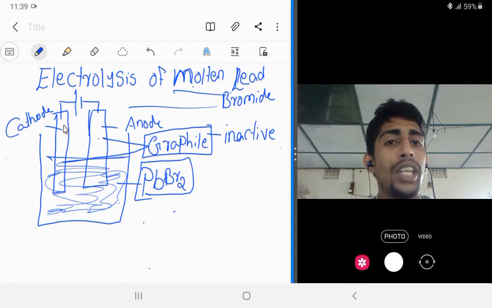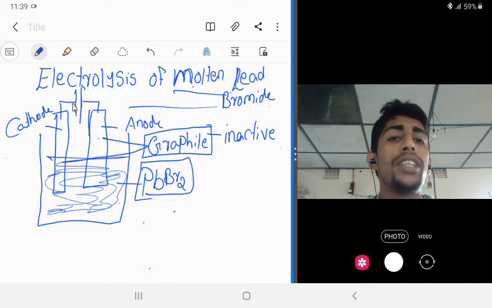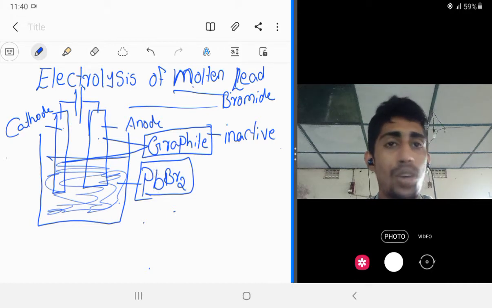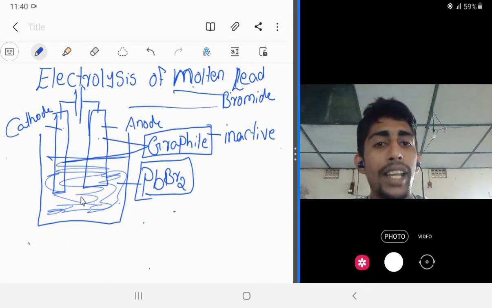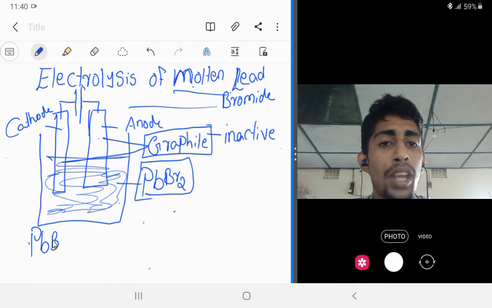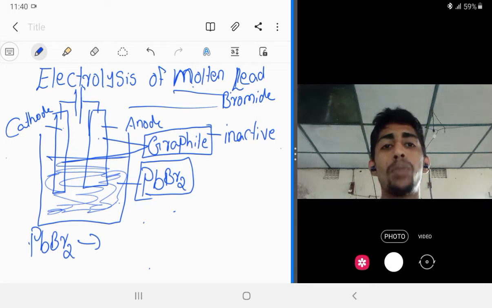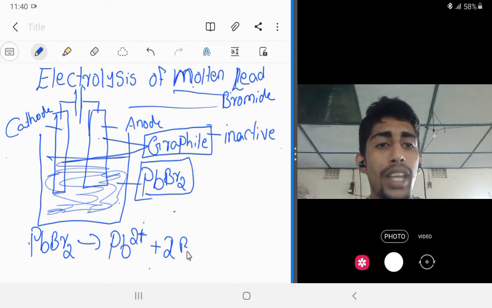Then the cathode is connected to the negative terminal and the anode is connected to the positive terminal. While we pass the electricity, the molten lead bromide PbBr2 will dissociate into Pb2+ and 2Br-.